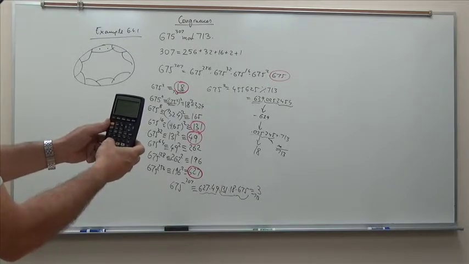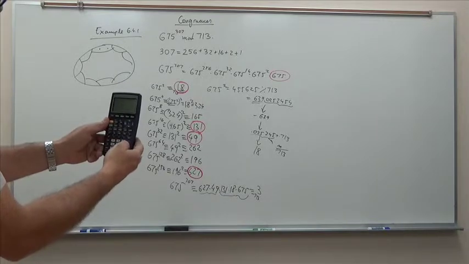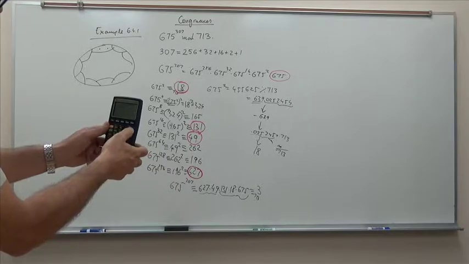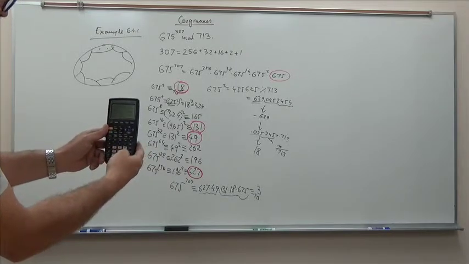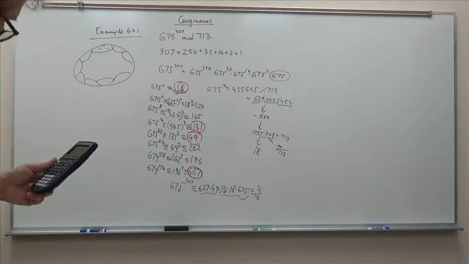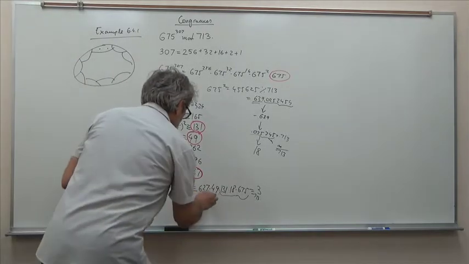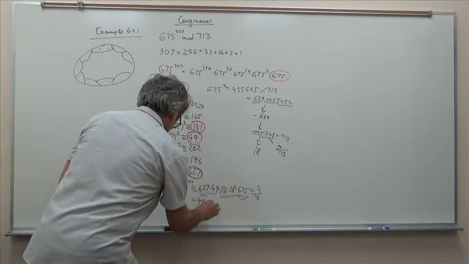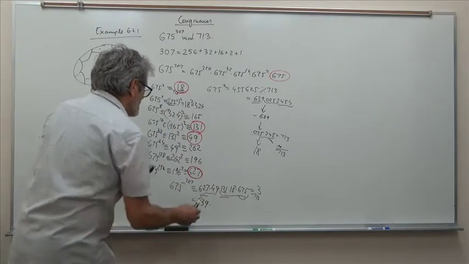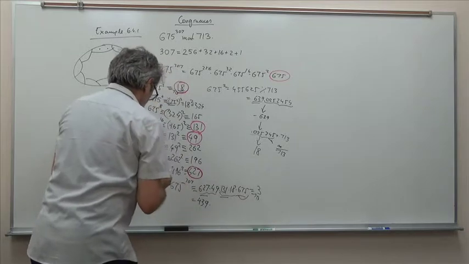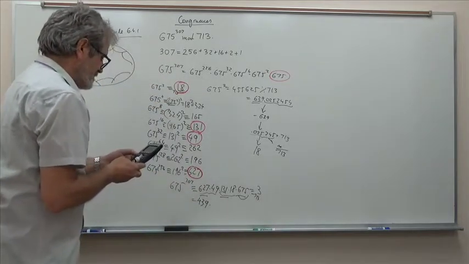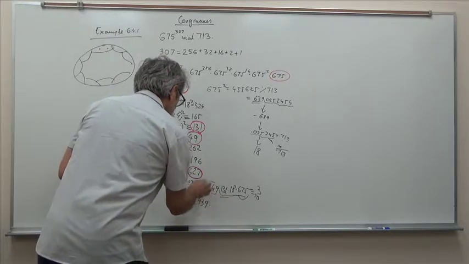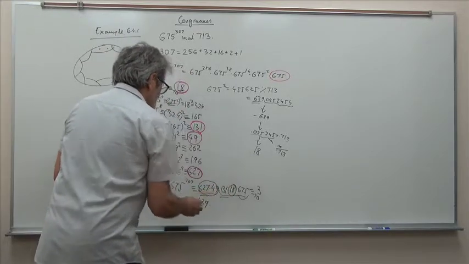Remove 775, multiply by 713, and I got 439. So for these 3, I got 439. Let me make sure that I know which ones I entered because I changed plans. 627, 49, and 18. So these 3 gave me that result.